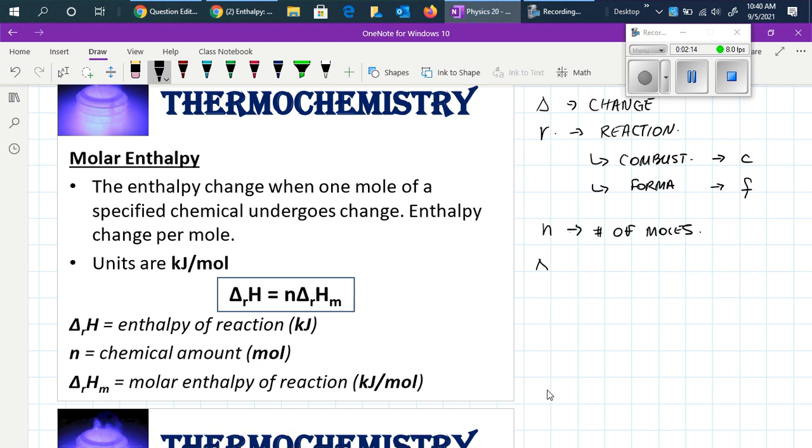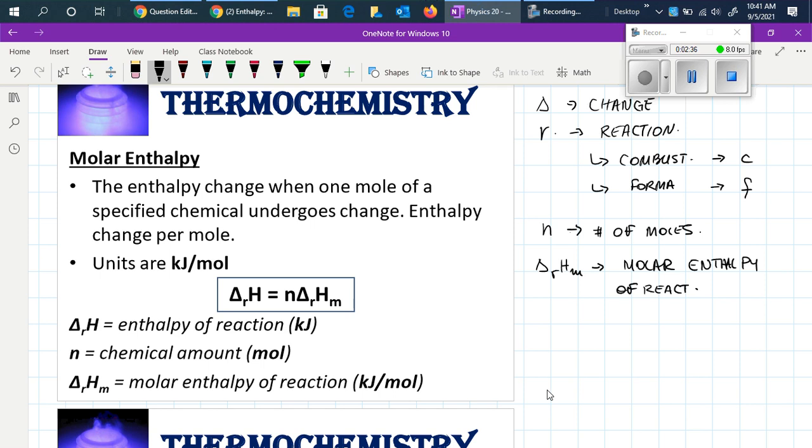So delta R H m, M stands for molar, of reaction.